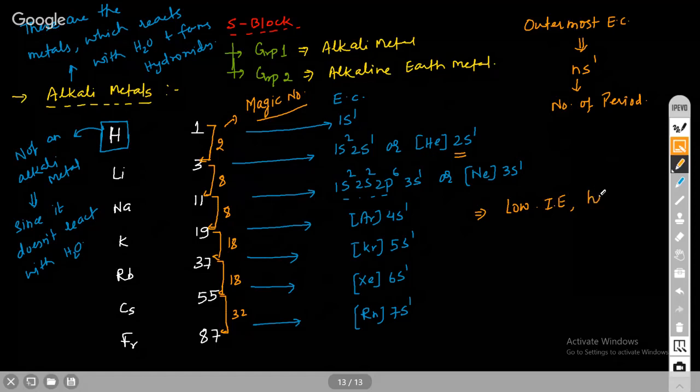Hence, very reactive, and never found free in nature.